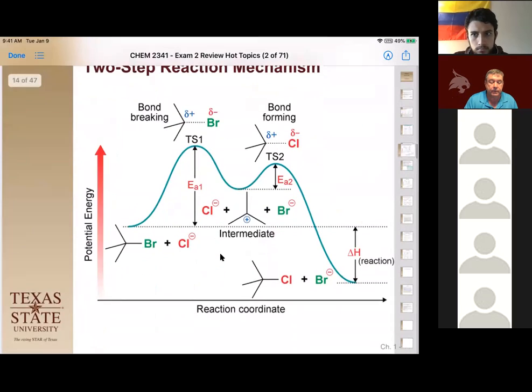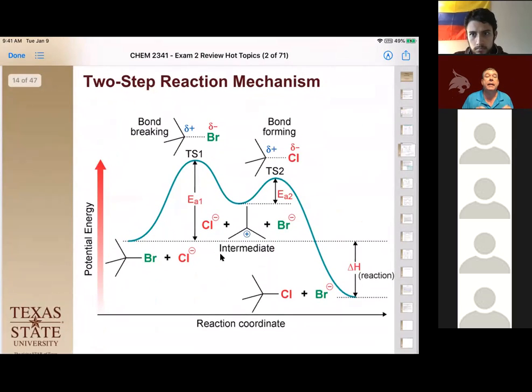Then, of course, we got to look at our two-step reactions. And in a two-step reaction, we have that extra hump, but we also have a new thing we didn't have in the one-step reaction. We have the intermediate, okay? So in this case here, we always form an intermediate. And for this module in particular, and module 7, we learned that the intermediate is a carbocation.